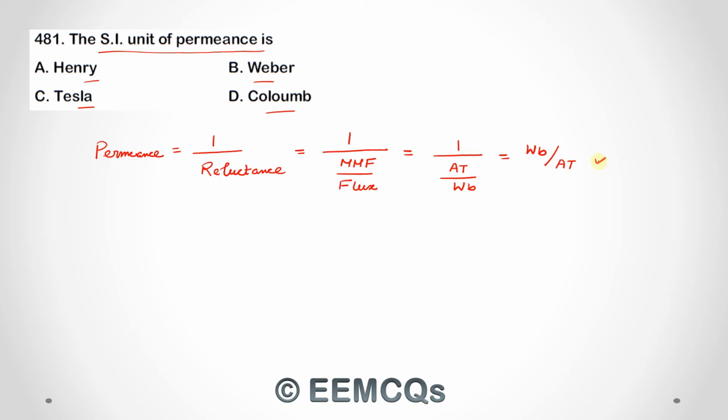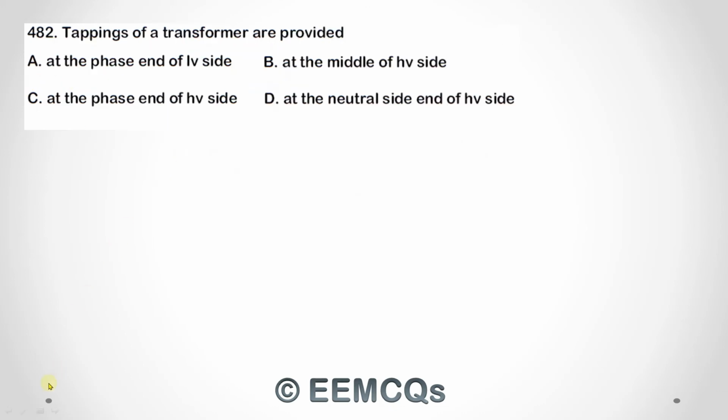According to the units, Weber per ampere turn is nothing but Henry. So the SI unit of permeance is basically Henry, and option A here is the correct answer.